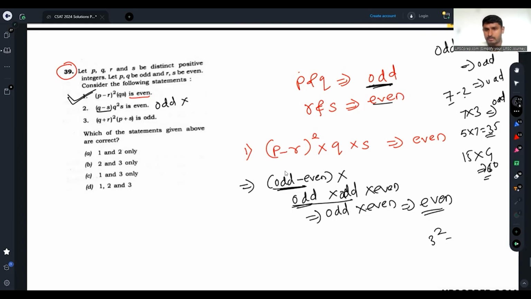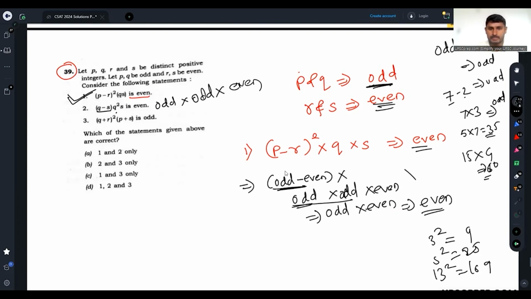So if you take odd नंबर का स्क्वायर, 3 का स्क्वायर 9 आता है, 5 का स्क्वायर 25 आता है, ओके, 13 का स्क्वायर 169 आता है, तो दैट इज ऑलवेज ऑड. तो square is odd, so I am writing odd here, right, into s. s is what? s is even, right? So we got the same situation as in the previous example, odd into even, so we got even. So this is going to be even again, right? Odd into even will always give us an even number. So statement 2 is also correct.